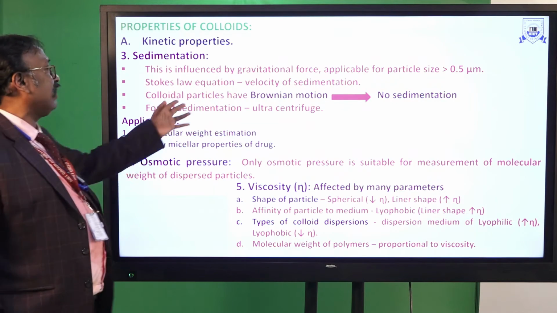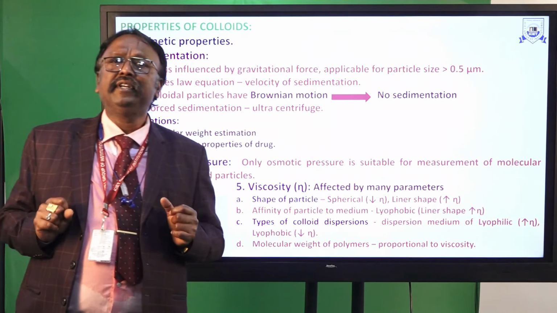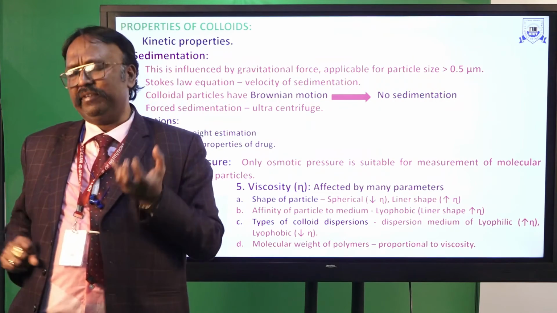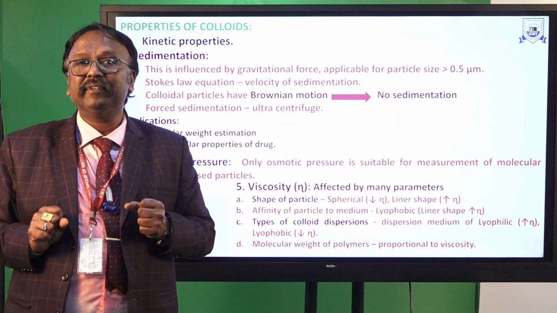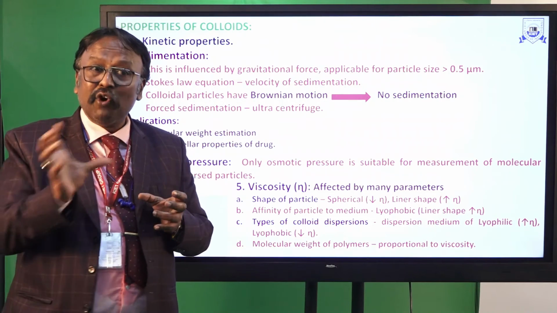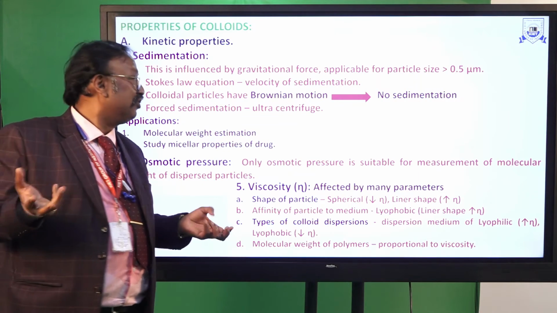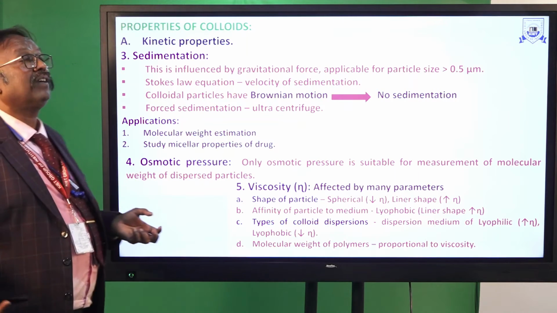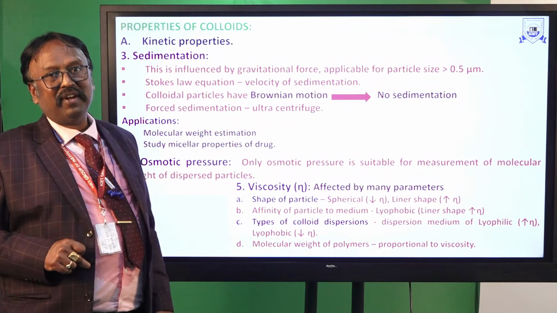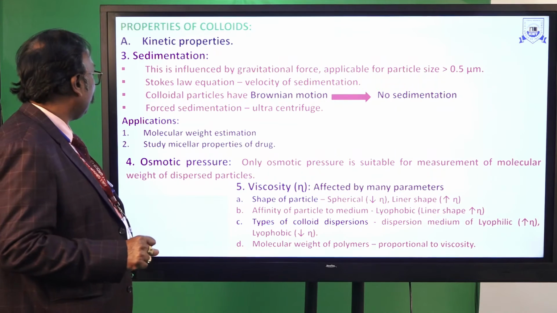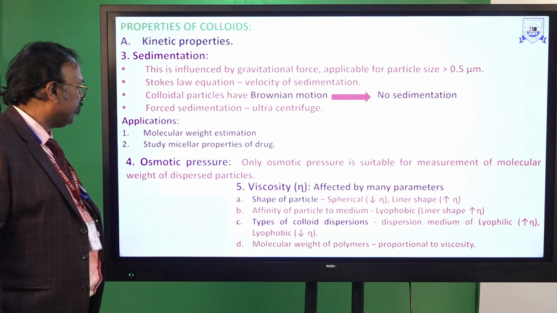For example, colloidal particles having Brownian movement: in a colloidal dispersion, if Brownian movement is there, there is no sedimentation. But forced sedimentation means subjecting the dispersion to an ultracentrifuge.